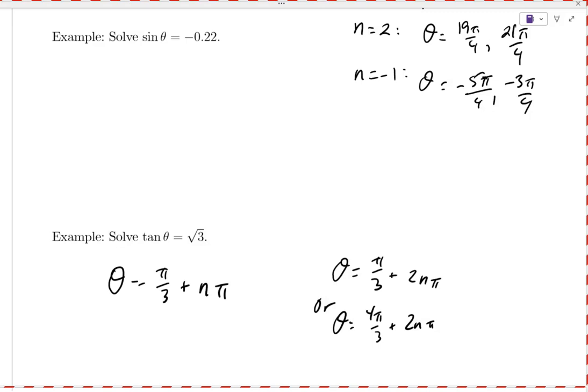All right? So if I want to get theta by itself, your first step here should be the exact first step that you would have done if you're trying to solve a triangle. What would I do to both sides to get theta by itself? Inverse sine. Inverse sine, good.